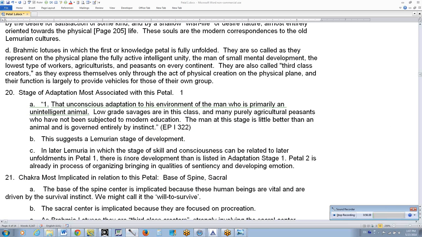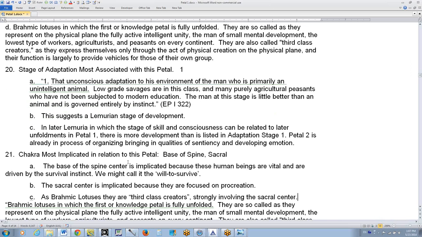Okay. The chakra most implicated in relation to this petal is the base of the spine and the sacral. The base of the spine is implicated because these human beings are vital and are driven by the survival instinct, what we might call the will to survive. The sacral center is, of course, implicated because they are focused on procreation.